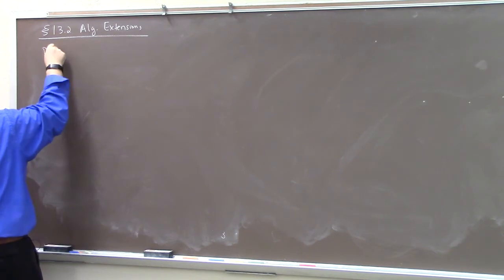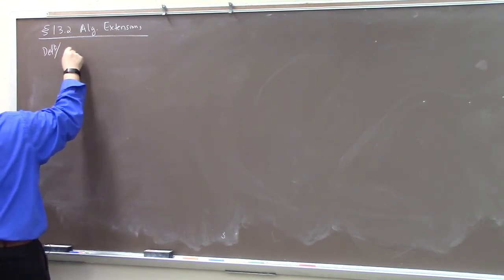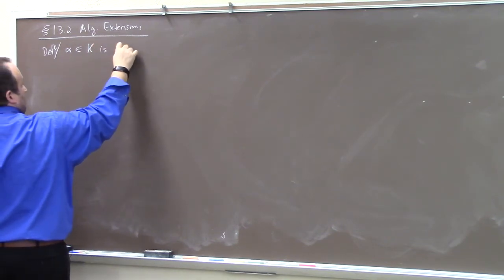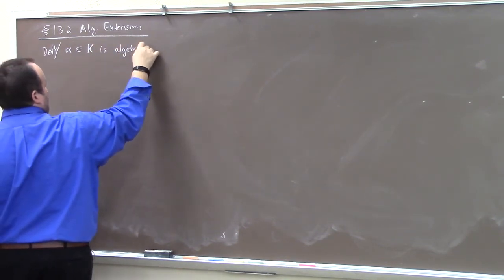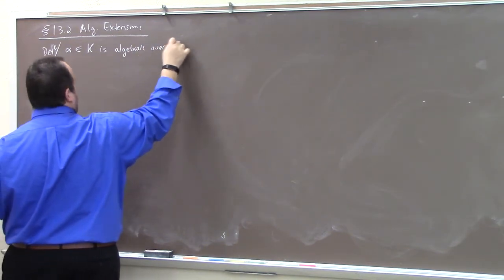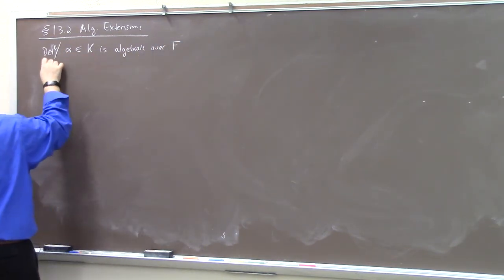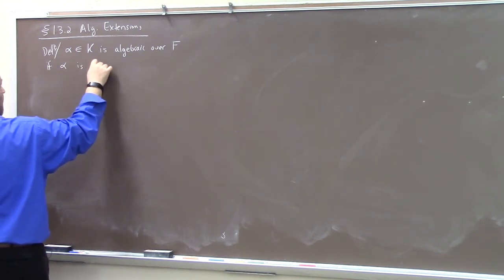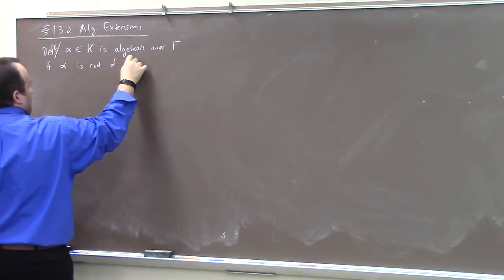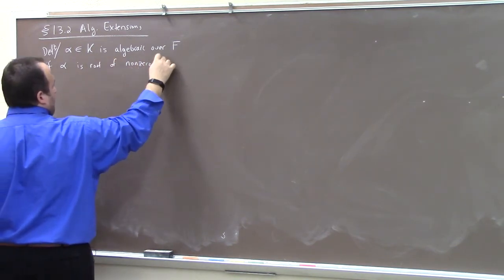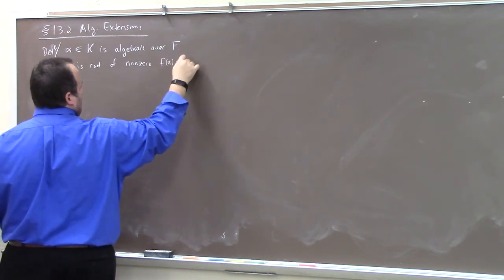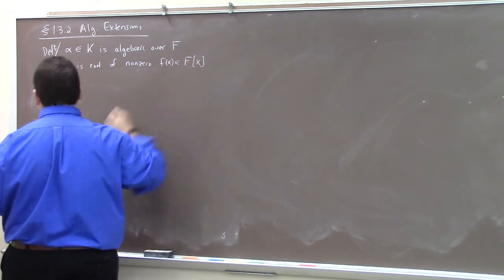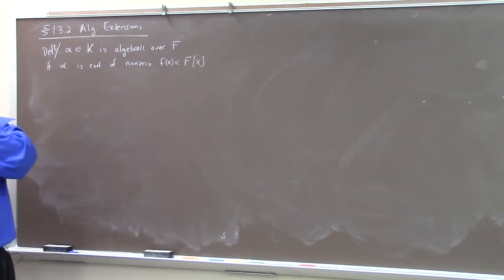Definition: alpha in K is algebraic over F if alpha is a root of a non-zero polynomial f of x with coefficients in F.